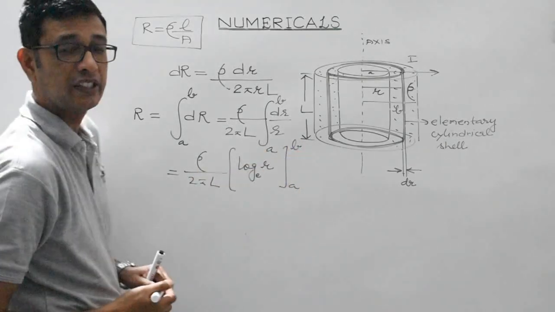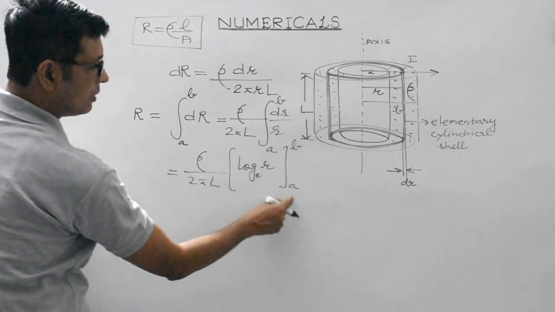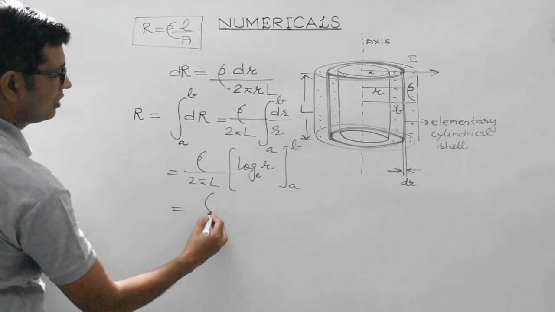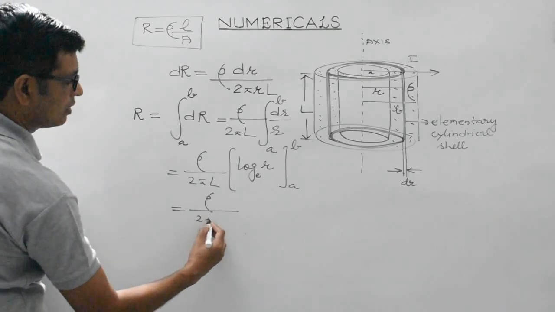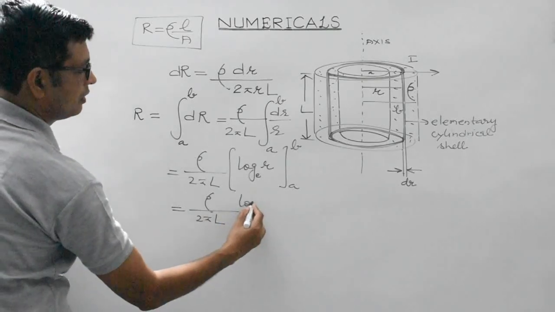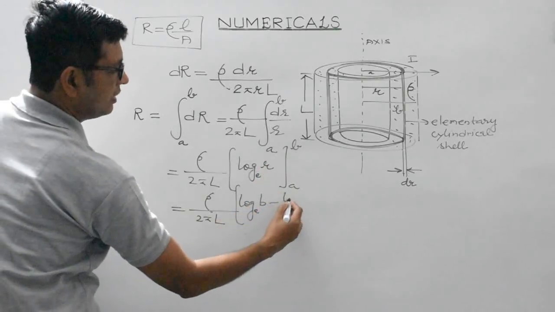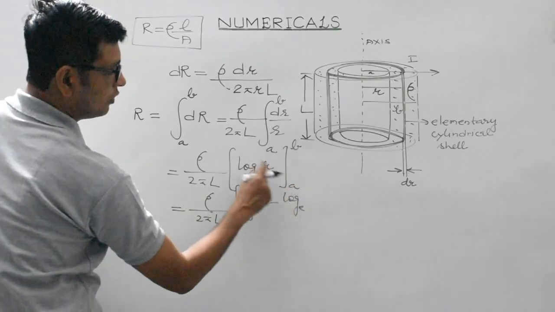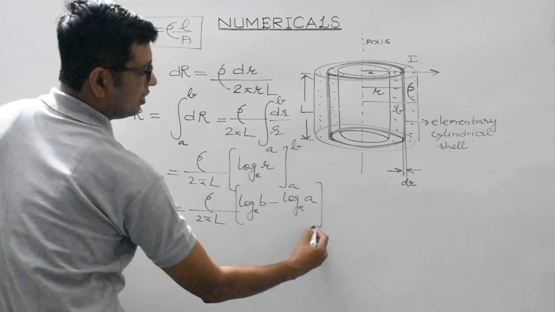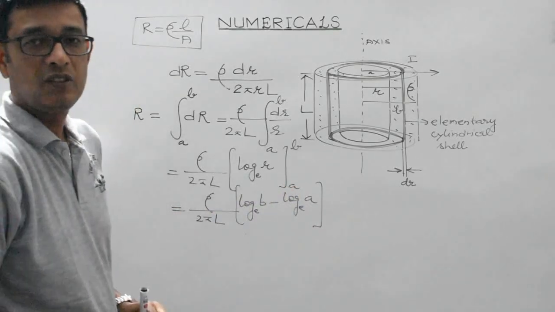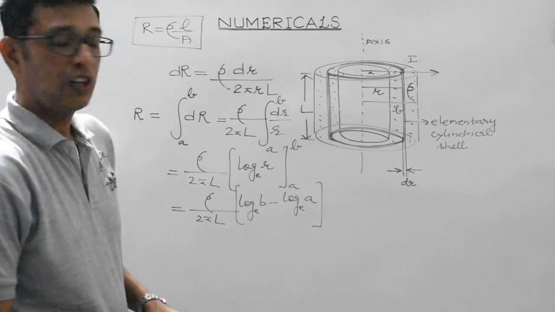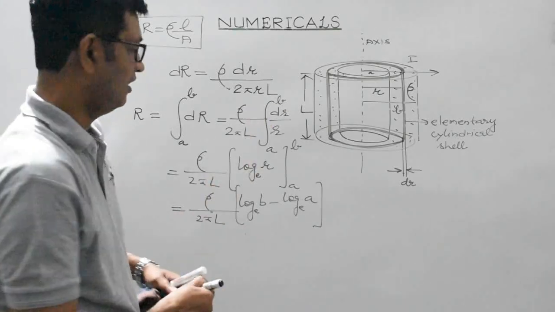So this is the case of a definite integral: upper limit minus lower limit. So what you get is rho divided by 2 pi L times natural log of the upper limit B minus natural log of the lower limit A. You can make use of the law of logarithms: log B minus log A would be log of B by A, isn't it?